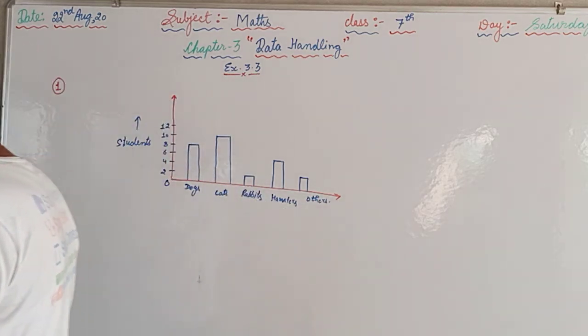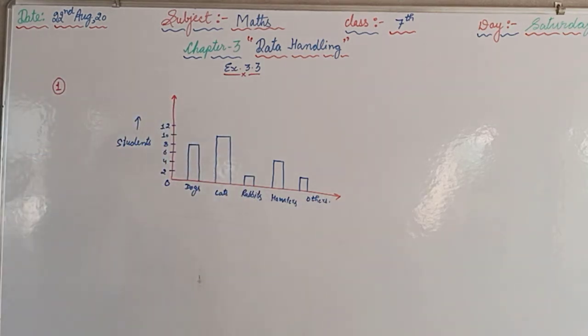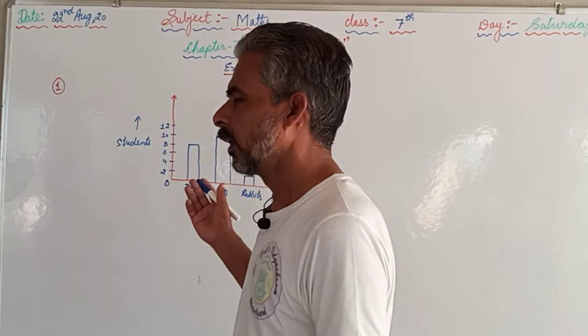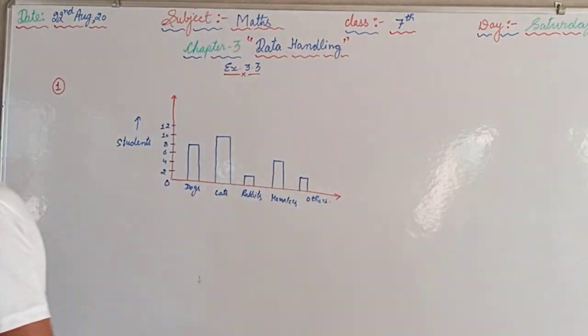So like this the graph is given there, so we are supposed to observe the graph and answer the questions. This graph is about pets owned by students of class 7. So how many pets are there and which kind of pets the students of class 7 are having. Afterwards we are supposed to answer the questions.